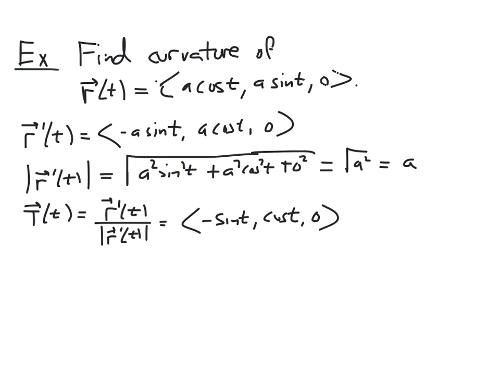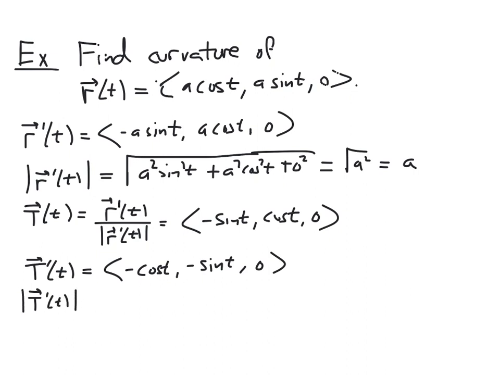All right, and now, as we would expect, T prime, unlike the last example, is not 0. So we get negative cosine t, negative sine t, and 0. That magnitude, we're going to get cosine squared of t plus sine squared of t.